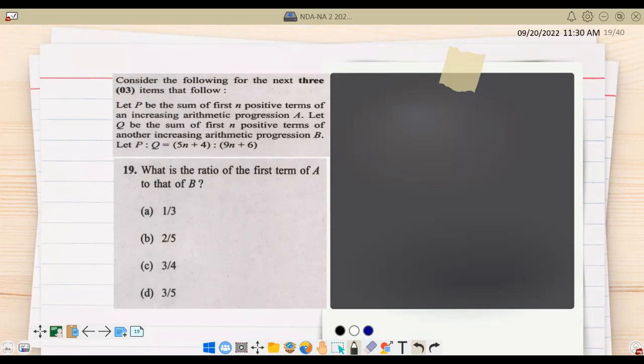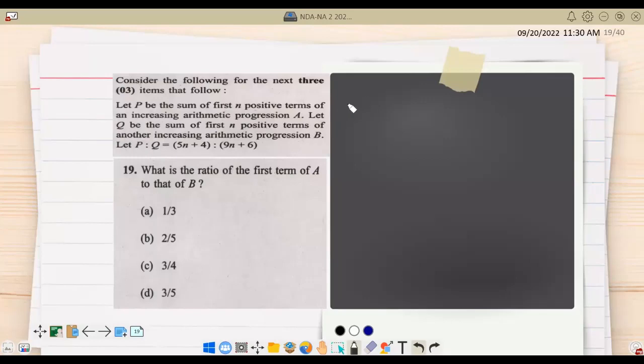So what is the ratio of the first term of A to that of B? Actually, if we find the first term and then the common difference from this given data, then we can easily solve the coming 3 questions.